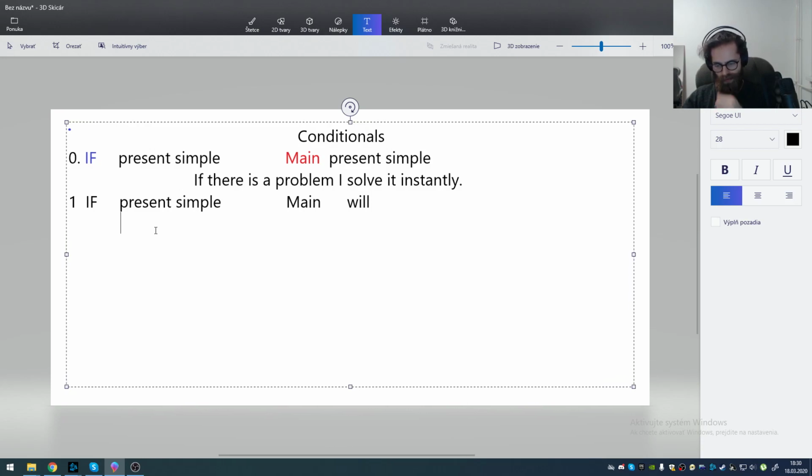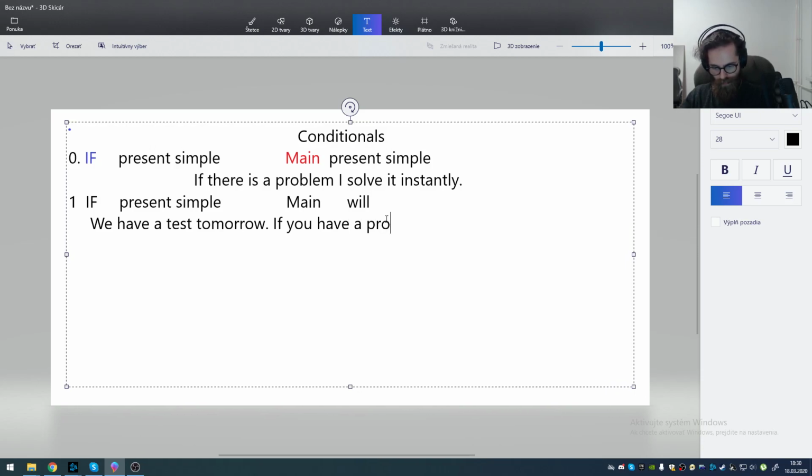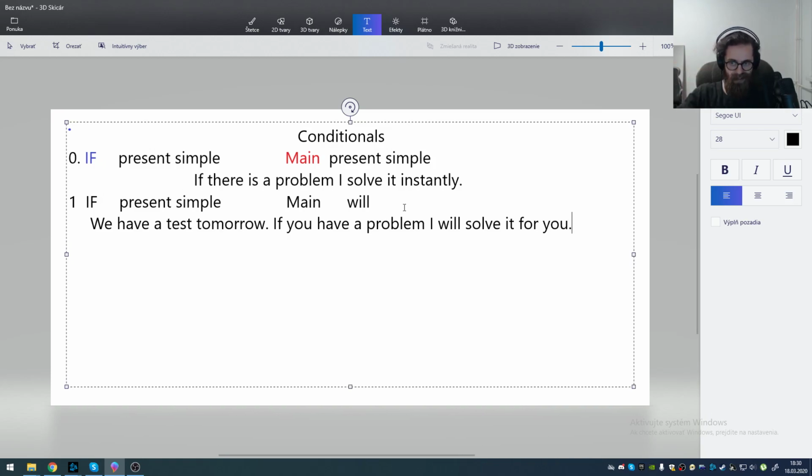Now imagine that there is this situation. We have a test tomorrow. This is not really a conditional, as you can see, it's just the context. And now, if you have a problem, I will solve it for you.